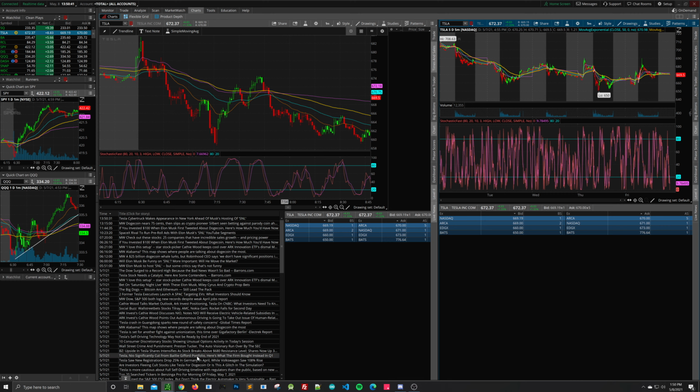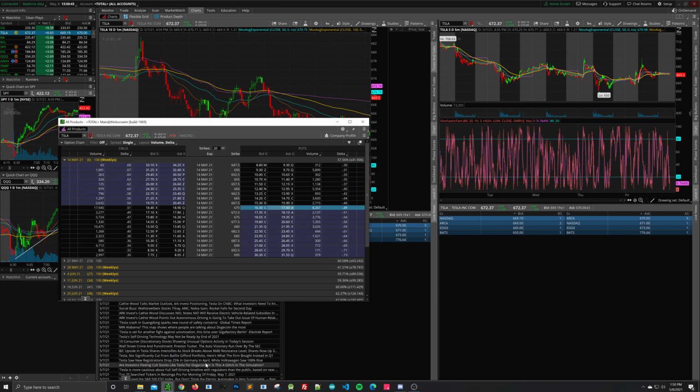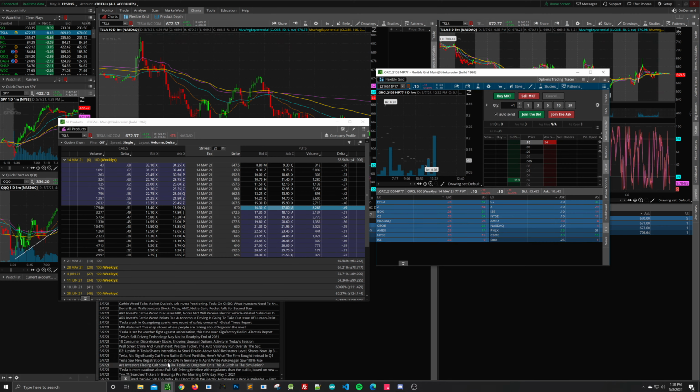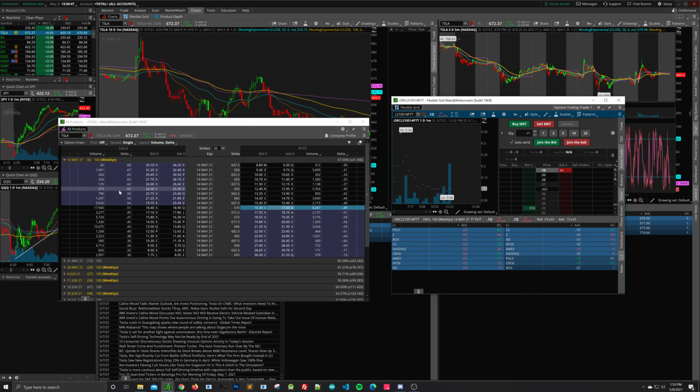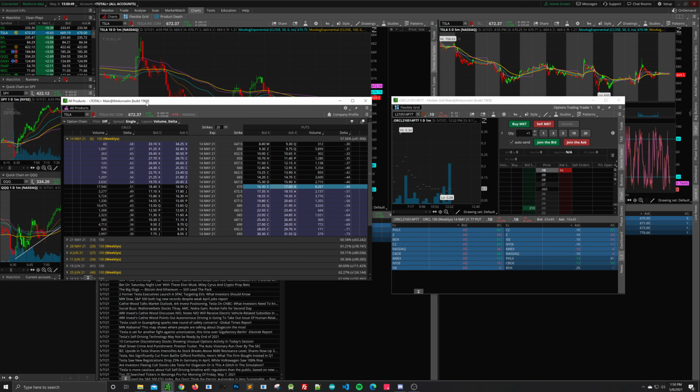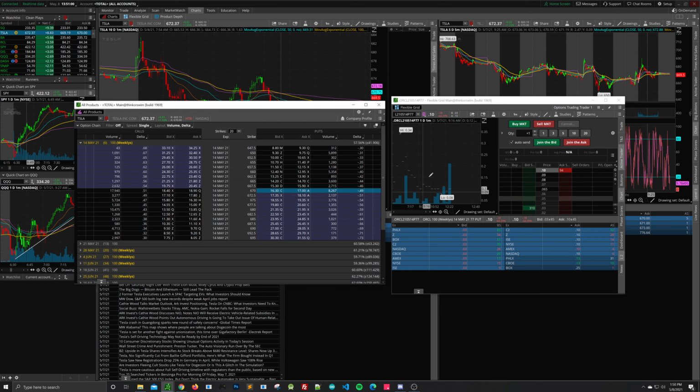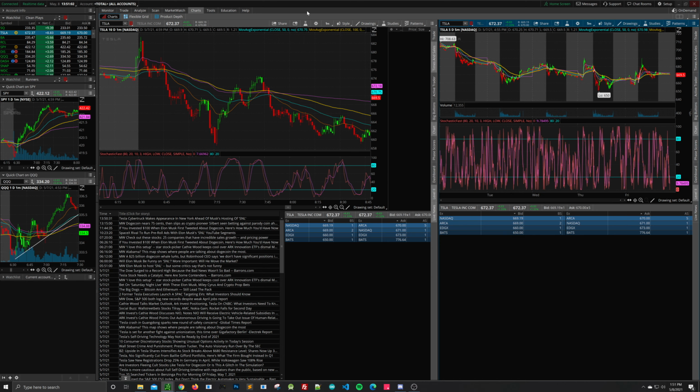Let's go back to charts. So now we detach the option chains and the flexible grid. So now we want to find a contract that we like, and actually I linked this to the lilac color, or just number 9. That's my preference. I don't know why.